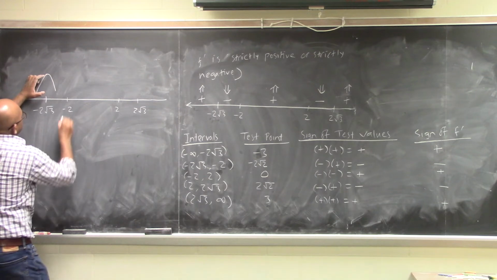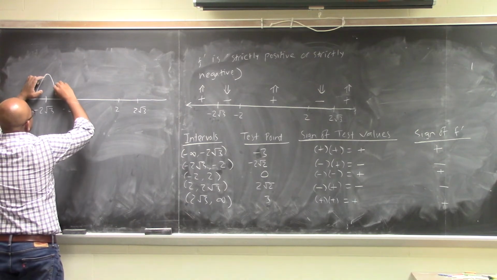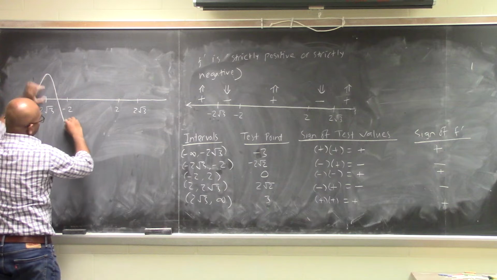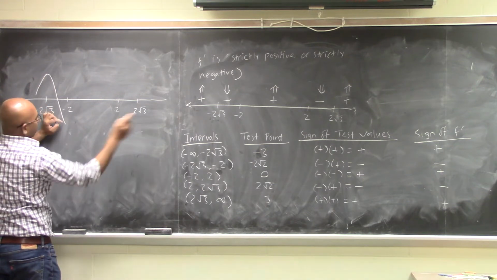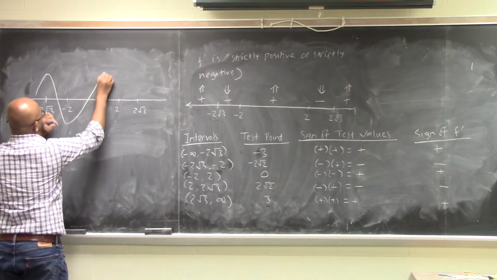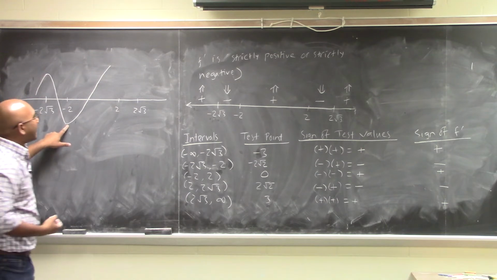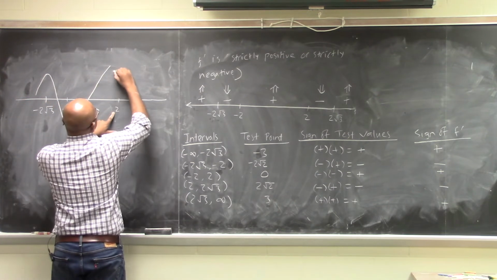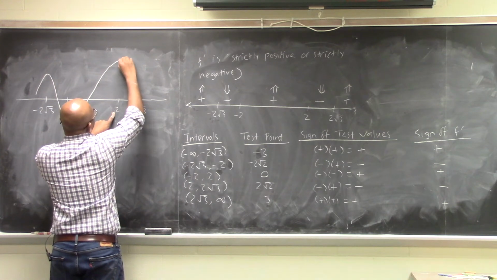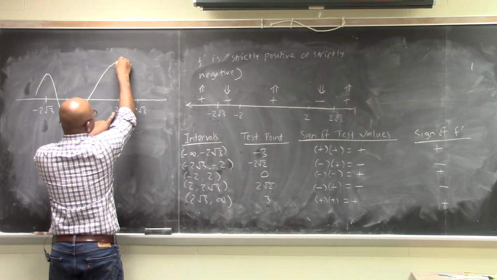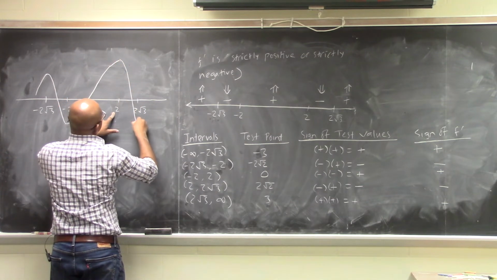Okay. And then at negative 2, it is what? Decreasing up to negative 2, right? And after that, it is increasing. Okay, so at negative 2, it has the local minimum, and after 2, it also decreases. Okay, so this part goes like this.